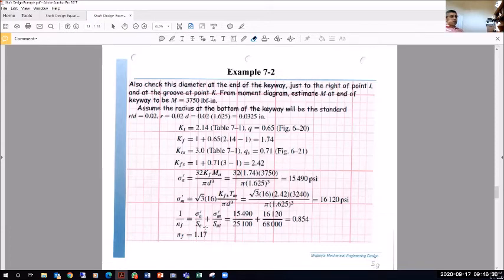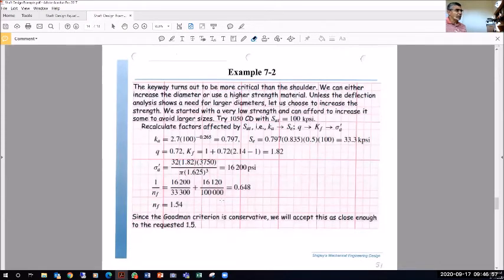Either I change the diameter of the shaft, which we were happy to use a nominal diameter of 2.0, or change the material. If we really like the 2.0, then I can go for a material that has higher strength. So my conclusion is the keyway is more critical than the shoulder.